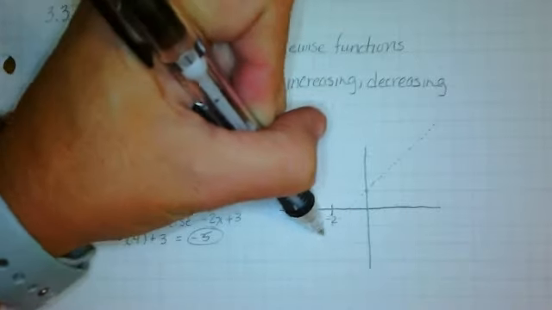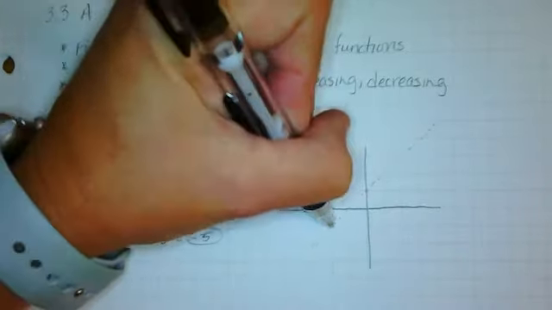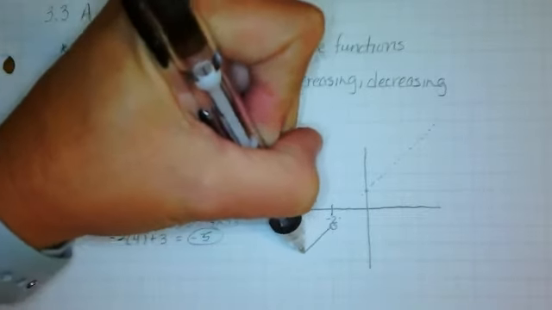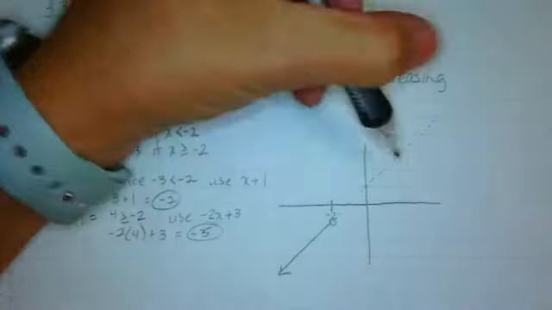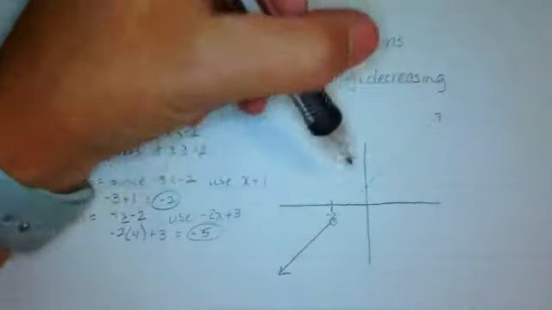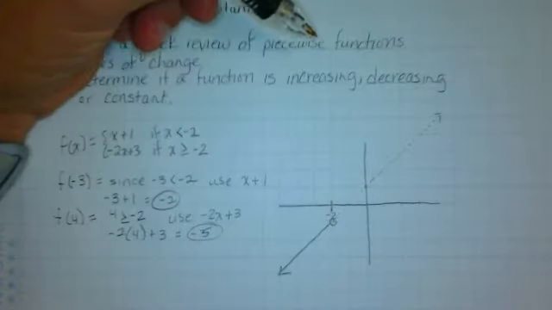But on a piecewise function, we only care about this graph once the x values are less than negative 2, and then that's the piece of the function we start graphing. So x plus 1 would continue. So it is a line, but you're not concerned about this.